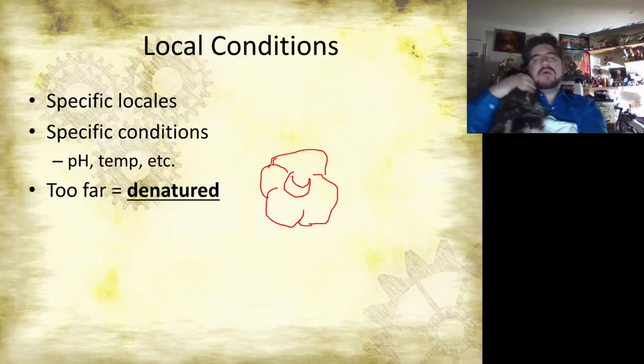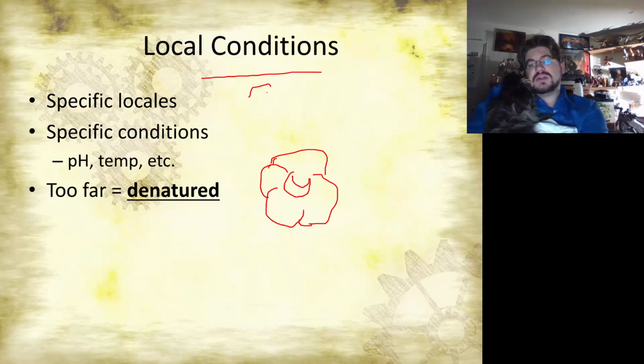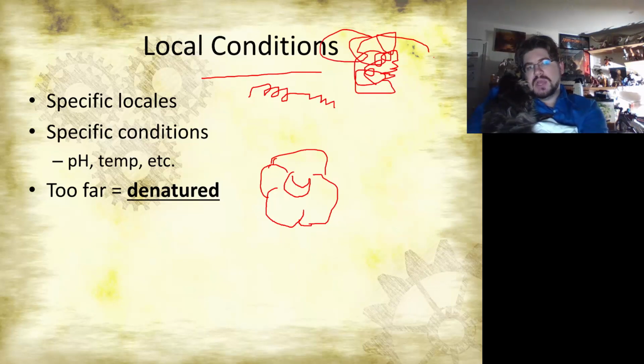When you get out of the local conditions, your enzyme, being a protein and having a specific conformation, remember we have primary structure, which is the chain, secondary structure, which is like the helices and the pleated sheets, tertiary structure, where you get them ribboned up into the nice big molecule that gets its right shape.